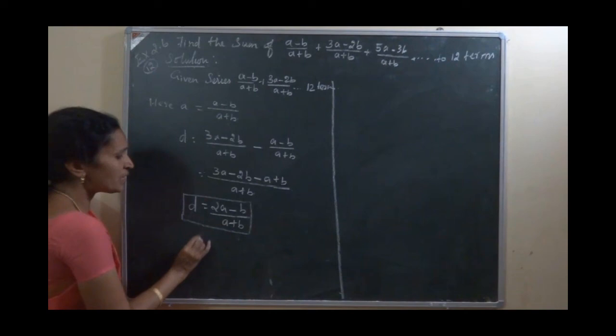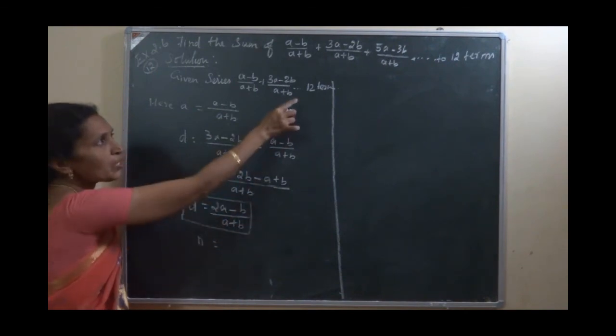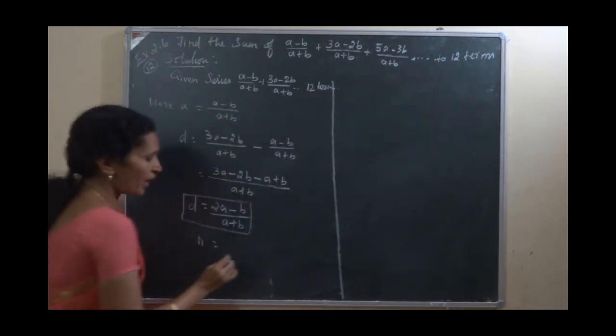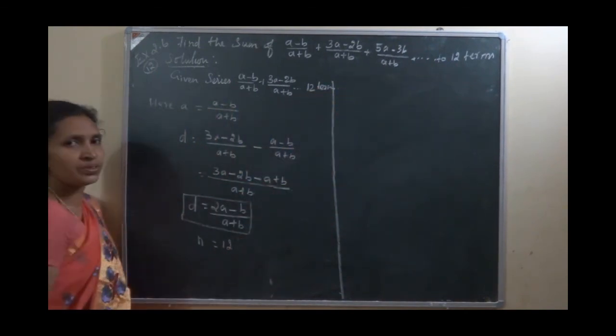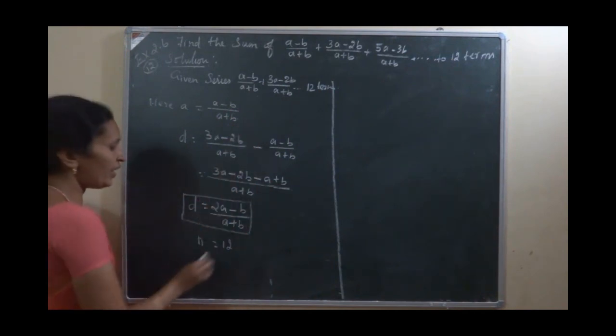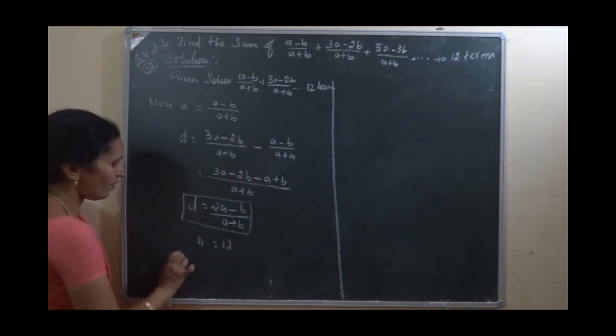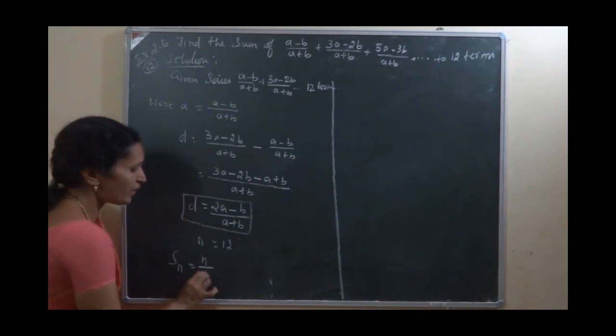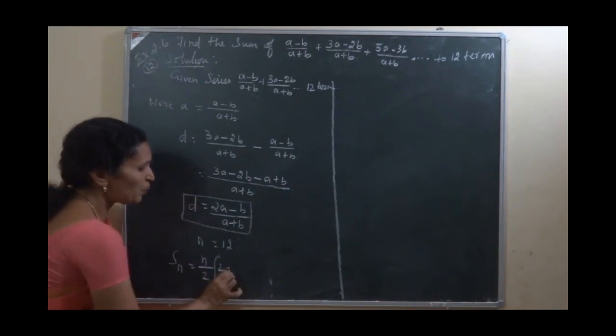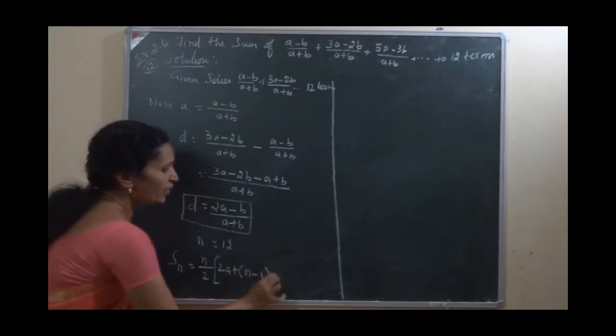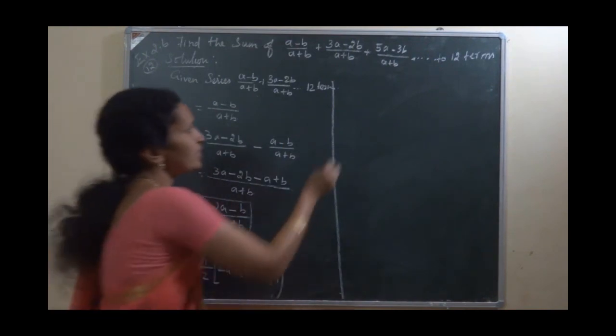What's the value of n? Up to 12 terms, so n is 12. You have to find S12, that is the answer. Write the formula Sn equals n by 2 into 2a plus n minus 1 into d. Apply the values.